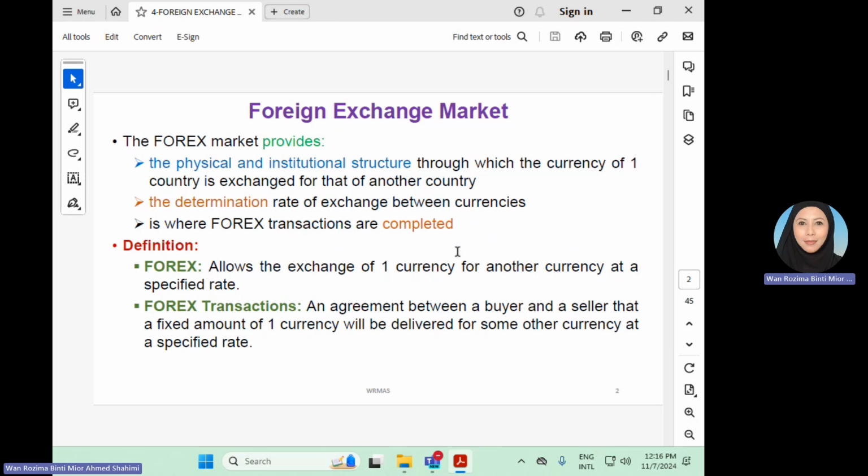Okay, and also when we define the forex, it allows the exchange of one currency for another currency at a specified rate. So this one is quite similar to the blue color on top. Meaning the exchange of one currency to another currency, from currency A to currency B. And the transaction in the forex market is an agreement between a buyer and seller.